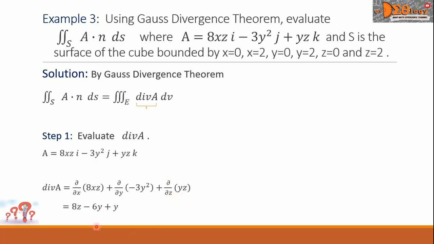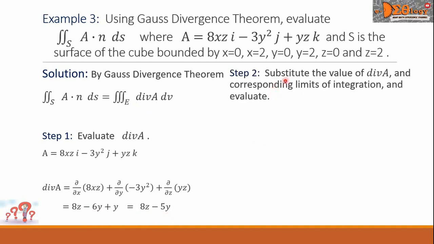Evaluating now, we have 8z minus 6y plus y. We can combine the negative 6y plus y. So the final answer is 8z minus 5y.